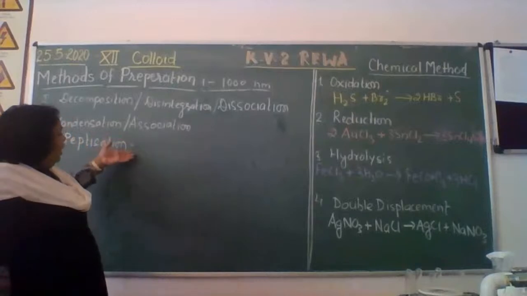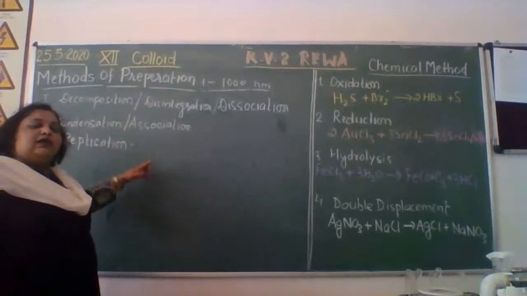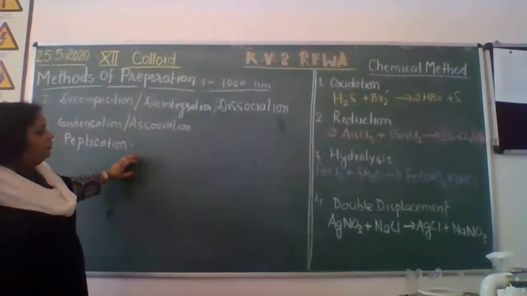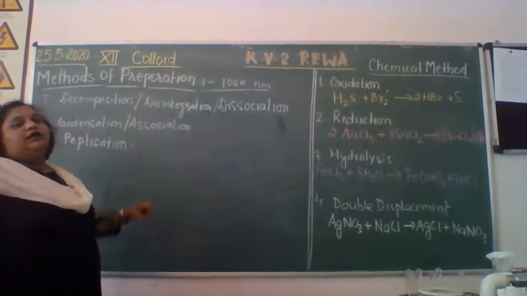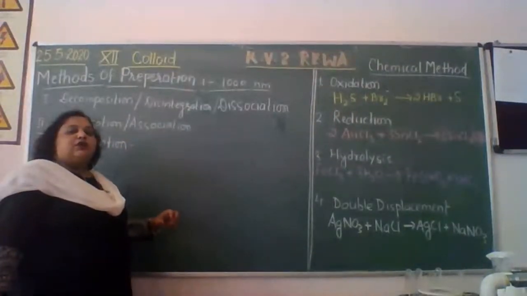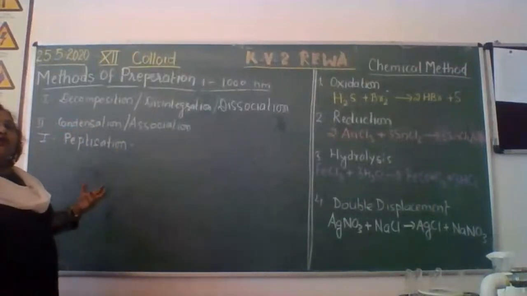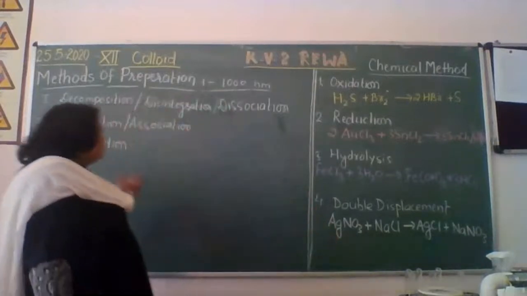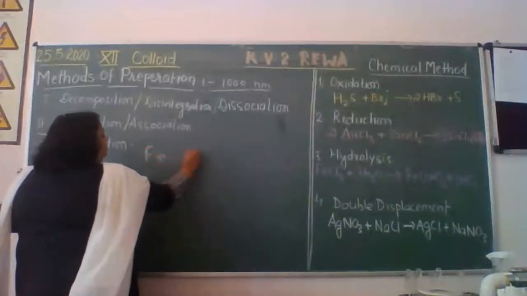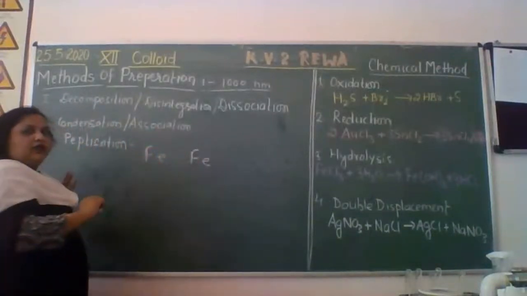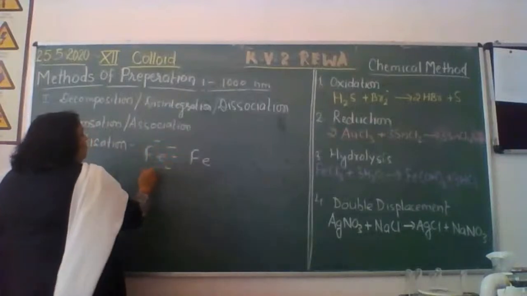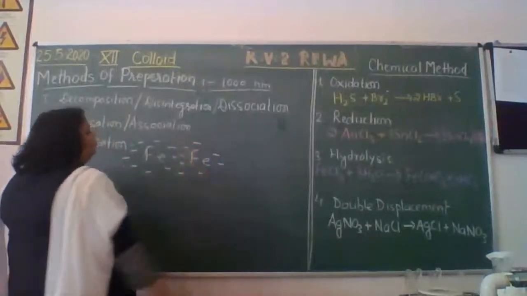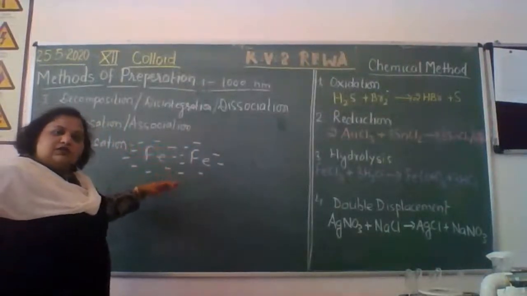What is the concept? A precipitate is dissolved, dispersed in the dispersion medium, and one suitable electrolyte is added there. What is the role of this electrolyte? The role of this electrolyte is to increase the stability of the colloidal solution. What happens actually here is, if there are two particles, they can combine together, but this electrolyte will form a layer of negative or positive charge depending upon the nature.